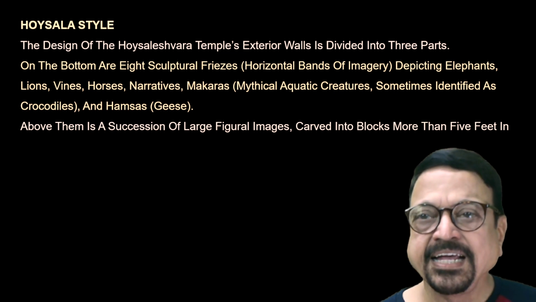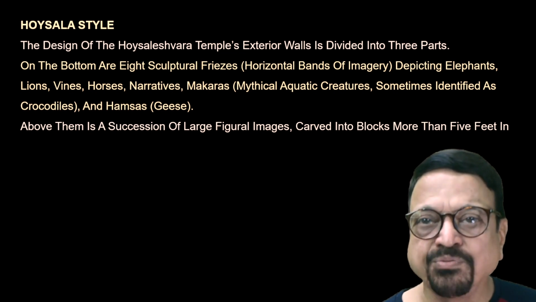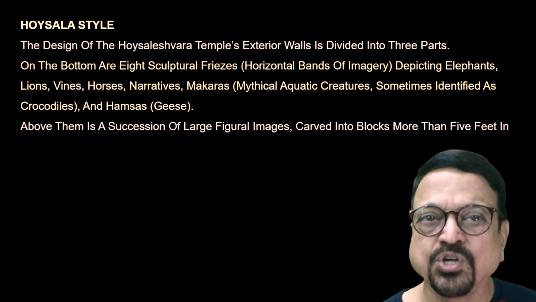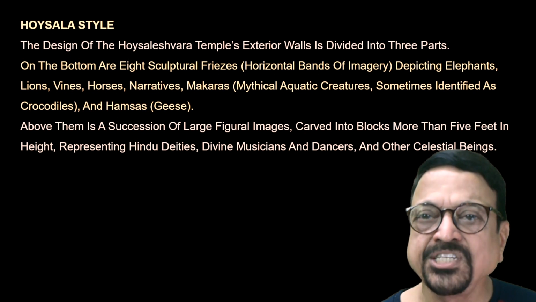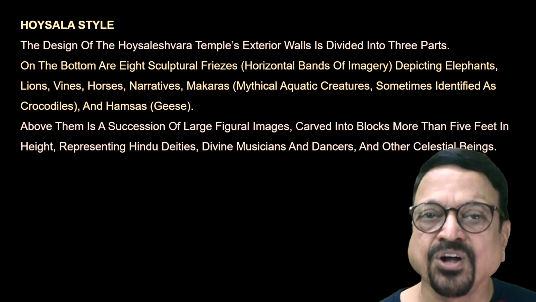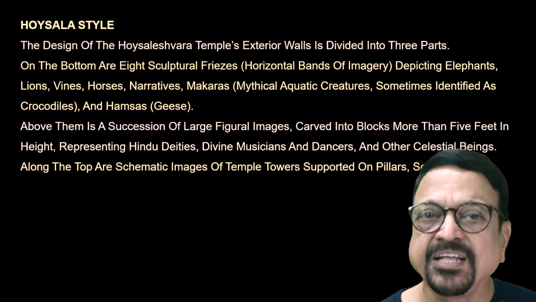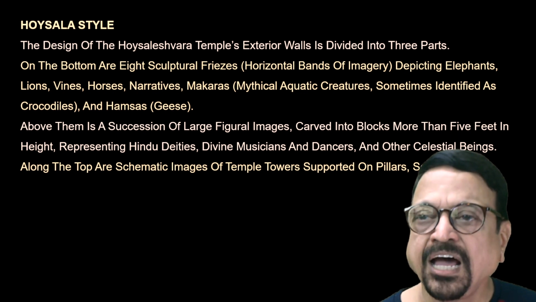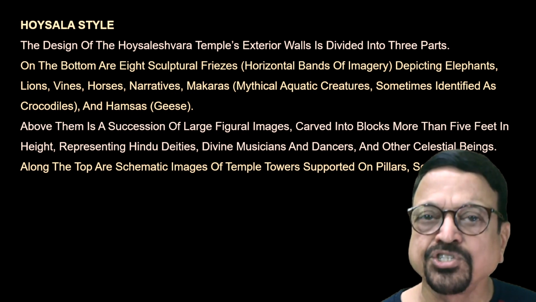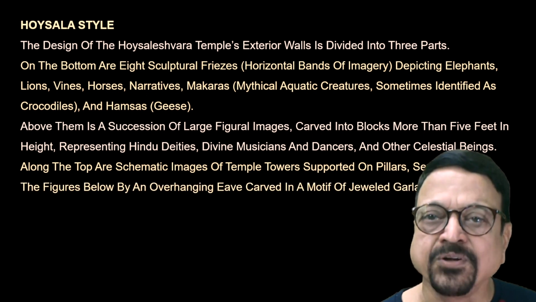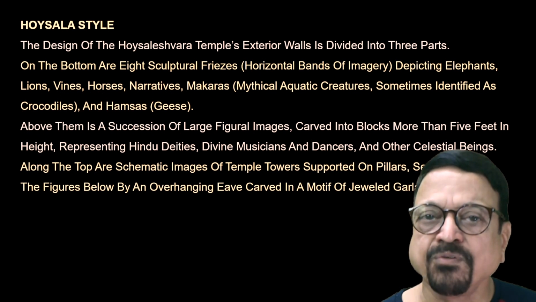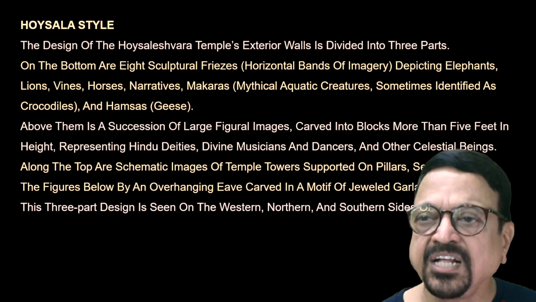Now above them is a succession of large figure images carved into blocks more than 5 feet in height, representing Hindu deities, divine musicians, dancers and other celestial beings. Along the top are the schematic images of temple towers supported on pillars, separated from the figures below by an overhanging eave carved in a motif of jewel garlands.